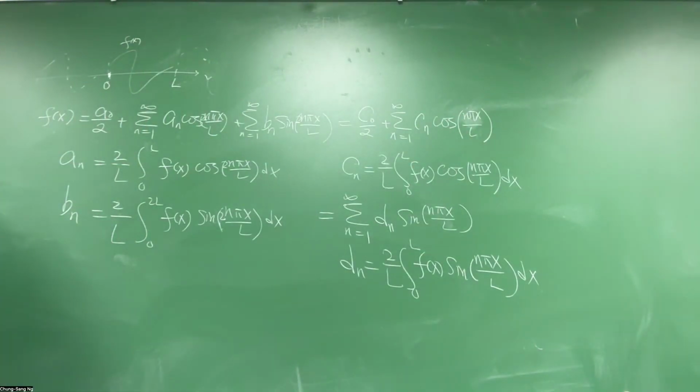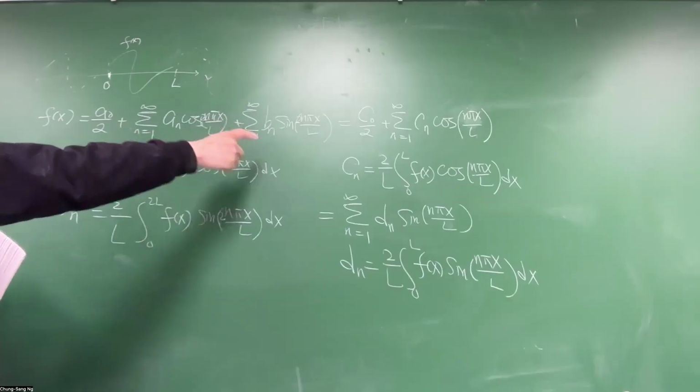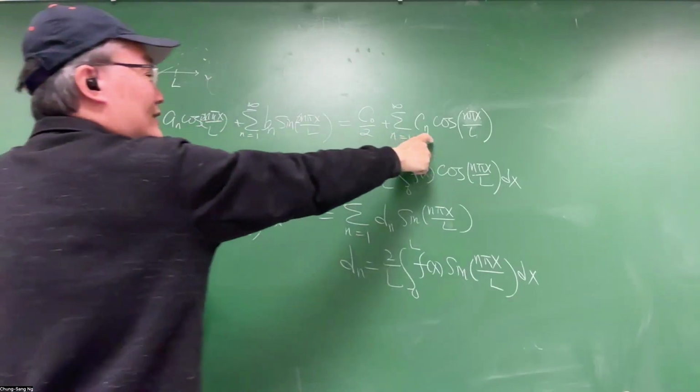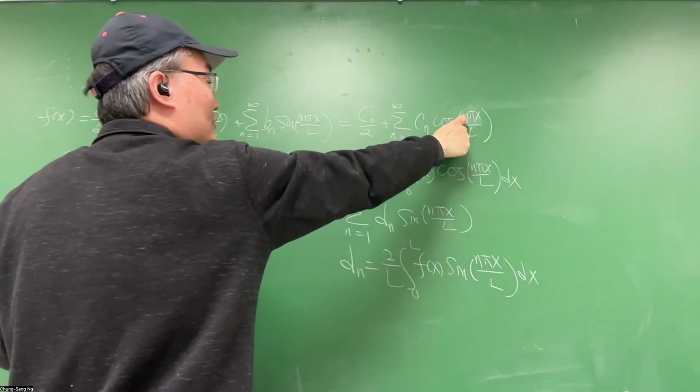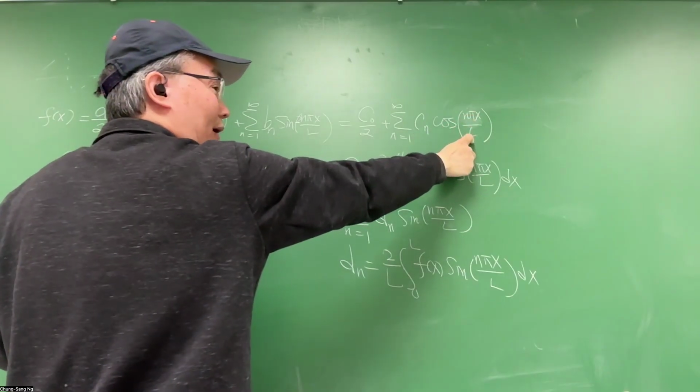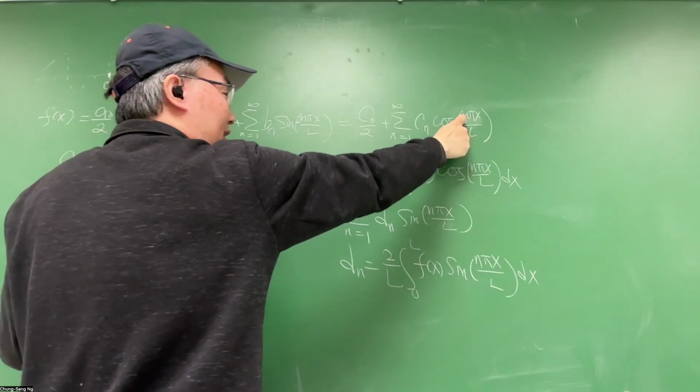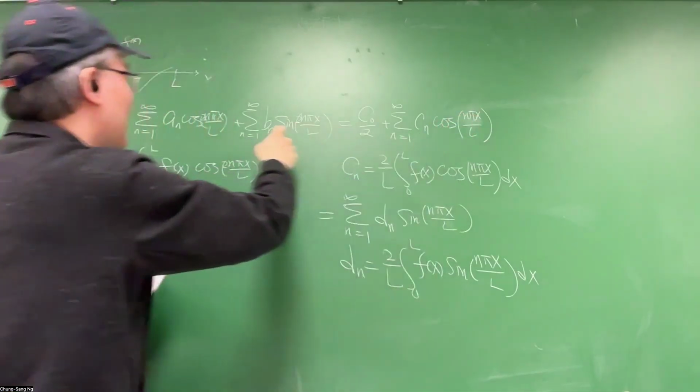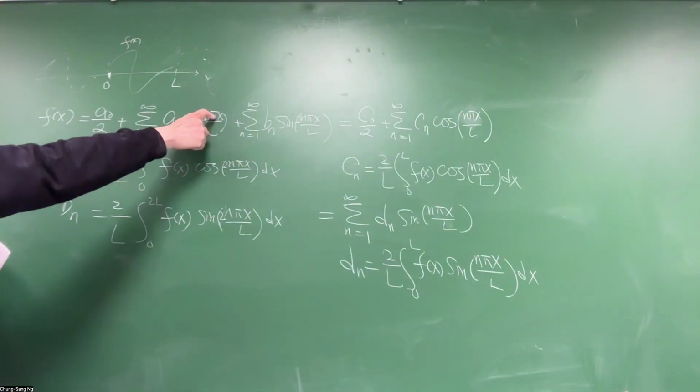You see that? What does it mean? That's the half, but not exactly. So this is all the integer multiples of pi x over L. All the integers, so n is 1, 2, 3. But this is not. This is 2n pi x over L.